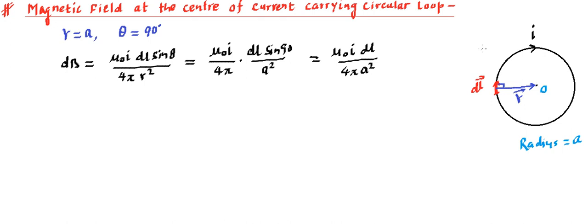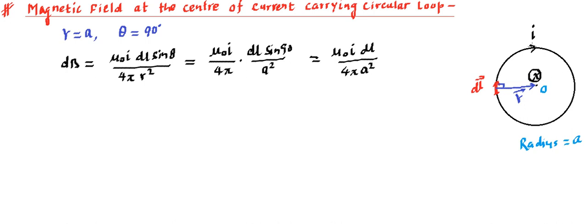Then you will be using the right hand rule. The first vector is this, so place your finger in this direction, curl in this direction towards r. You'll find your thumb will be pointing inwards. So as the thumb goes inwards, you will say the magnetic field at point O is going to be into the plane. That's the direction of the magnetic field because of this dl.